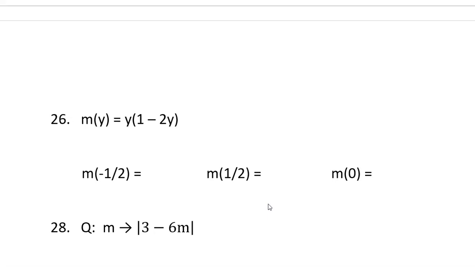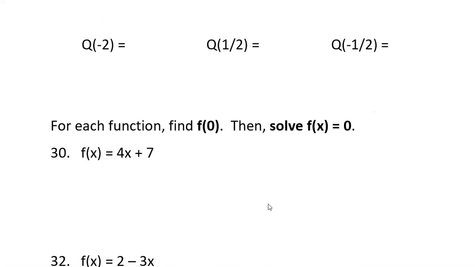Now as you keep scrolling ahead, you'll finally get to number 30, which has different directions. For each function, find f of 0. F of 0 means figure out the value of function f when you use a 0 for the x. And you just get 7.